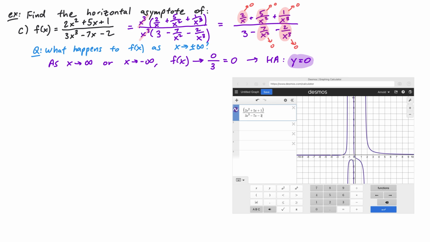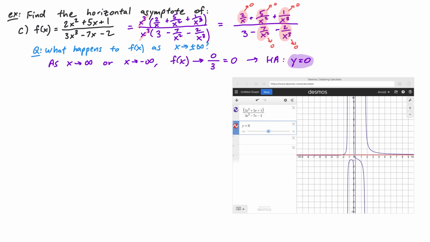And we see here that as we trace our graph to the right and as we trace our graph to the left, it seems like my graph is getting closer and closer to the x-axis. So our horizontal asymptote here is y equals 0. Again, as we trace our graph to the right and to the left, our graph gets closer and closer to that red line.